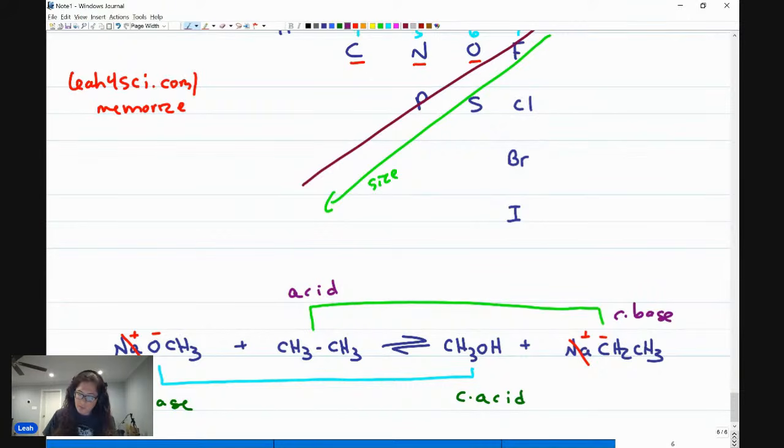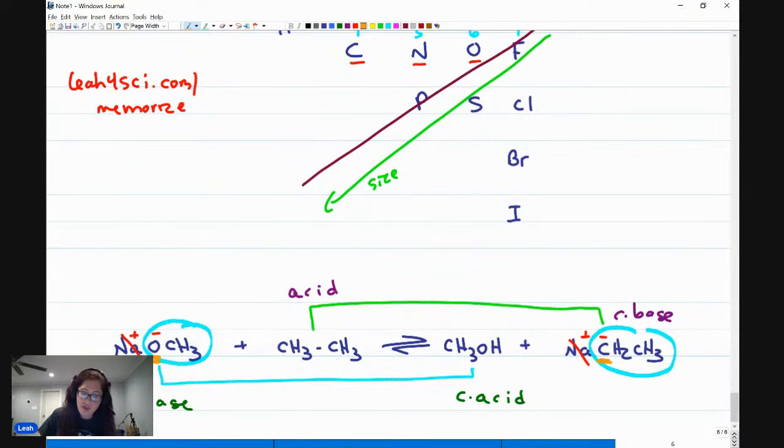Once you've identified the pairs, the easiest way I find to predict the position of equilibrium is to compare the stability of the negatives. That means I'm comparing the OCH3 minus to the CH2CH3 minus. Now I say CARIO: C, charge, they're both negative. A, atom. What I'm really comparing is an oxygen atom to a carbon atom.